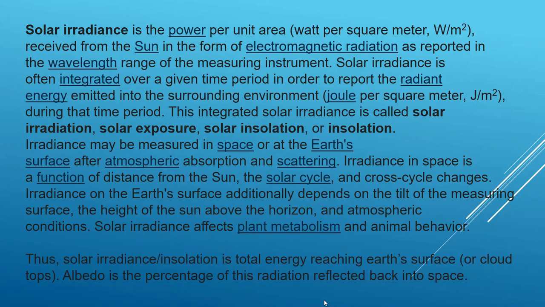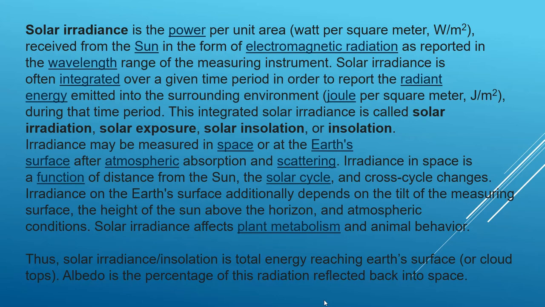This is measured as joules per square meter during the time period under consideration. This integrated solar irradiance is called solar irradiation, solar exposure, solar insolation, or simply insolation. And insolation is typically the term that gets used.